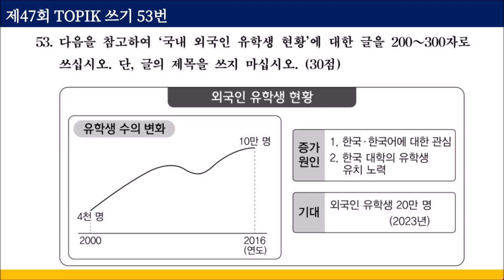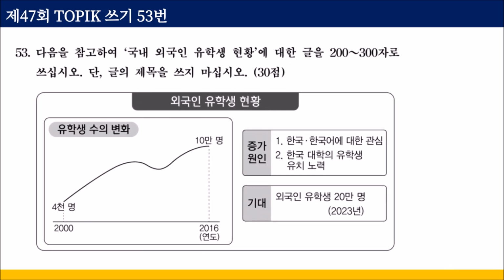Now that we have understood this information, let us learn some vocabulary that will be able to help you not only in this problem but in the future problems that you may also encounter.